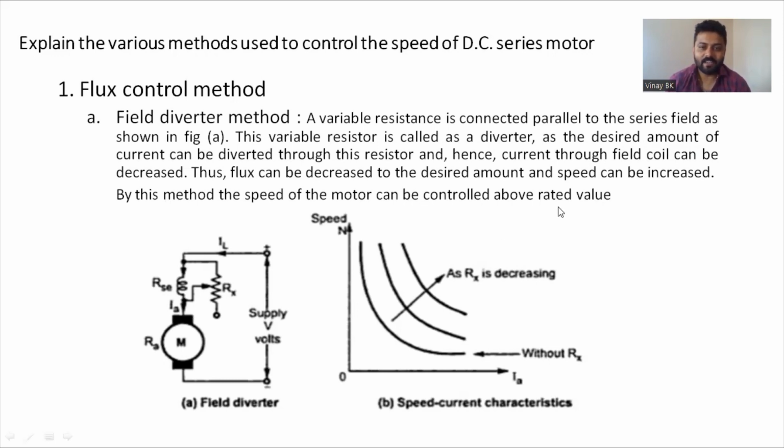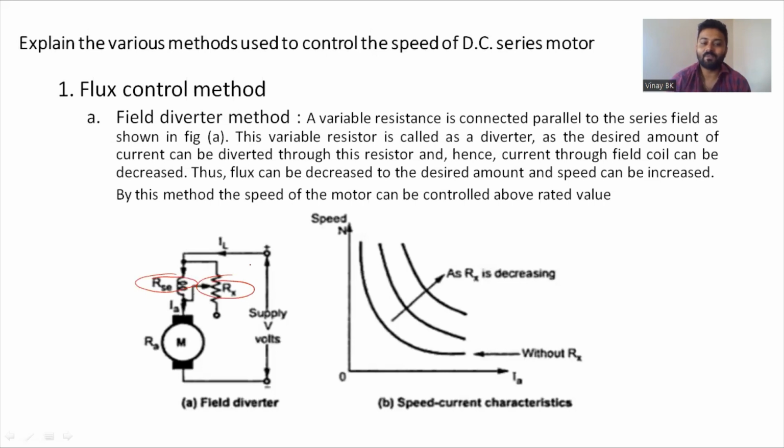If the rheostat or variable resistor Rx is connected parallel to the series field winding, then this variable resistance or rheostat you can call as diverter. So what happens if you are connecting a rheostat parallel to RSC, the current flowing through the field winding will be diverted.